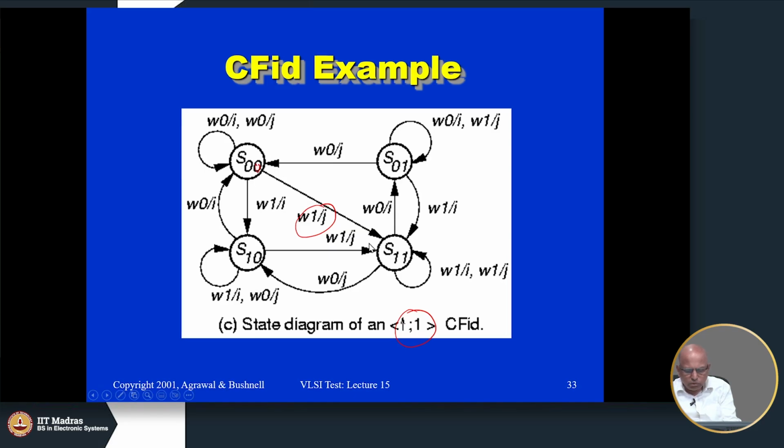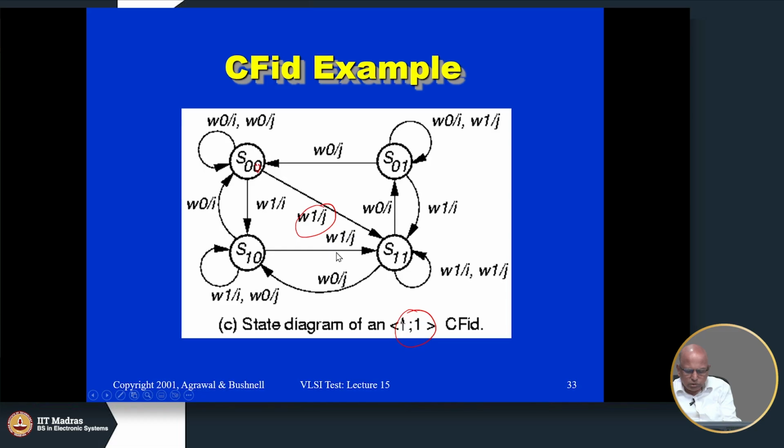So, from 0 0 it will go to 1 1, whereas here, when I write W1j, okay, then the fault is, this will go off into 1.